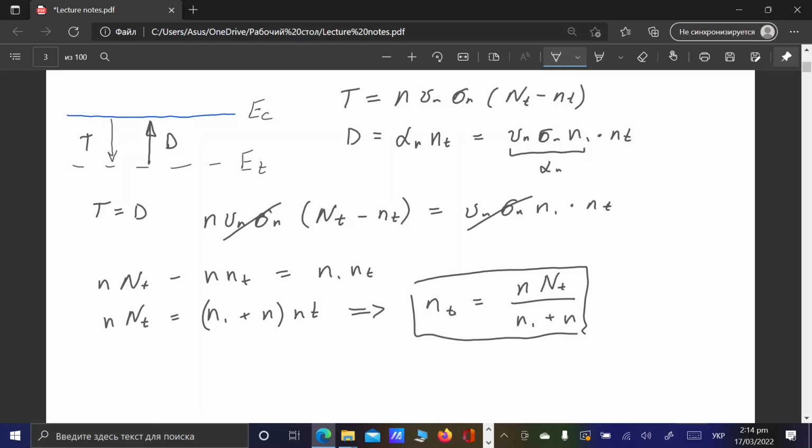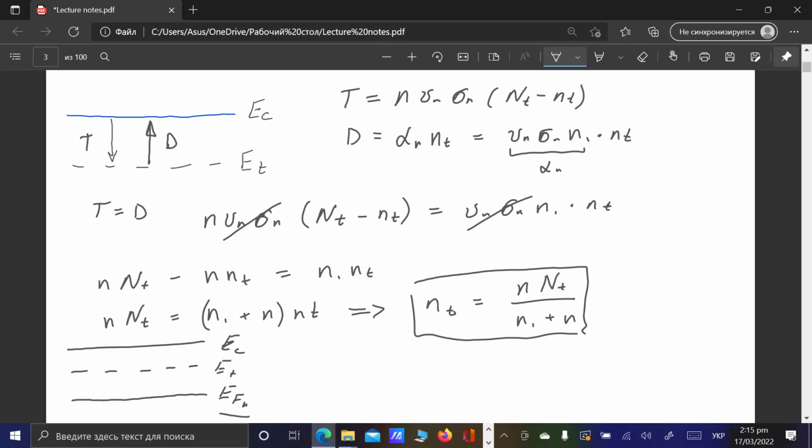If we assume that we have low level of excitation, then let's say we have EC, bottom of the conduction band, then we have our energy level ET, and here will be EFN.